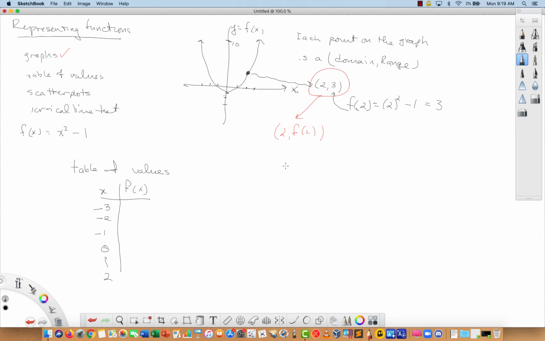If you plug -3 into f of x, so just as a demo of what goes here and here, we'd say f of negative 3 is negative 3 squared minus 1.